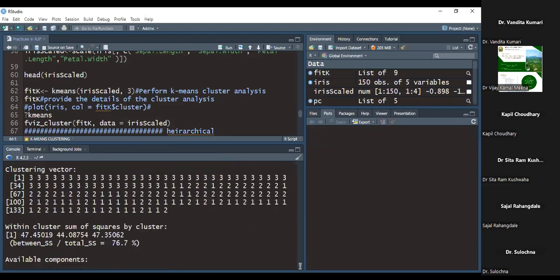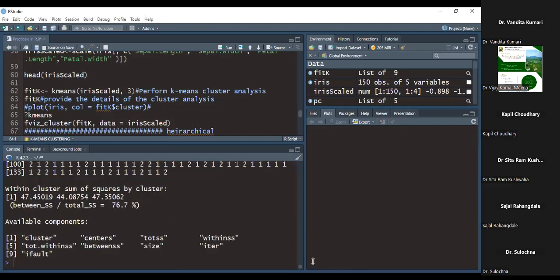The first value belongs to the third cluster, the second is the third cluster, and so on. The 34th value is of the third cluster. So it mentions which observation belongs to which cluster. The last observation belongs to the second cluster. Then we obtain the within cluster sum of squares. Okay, so these are the results obtained by performing the cluster analysis using the kmeans function.